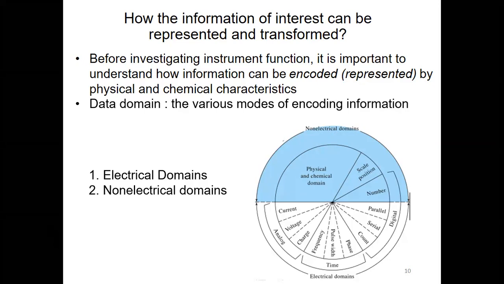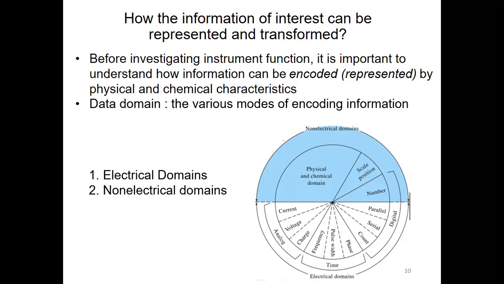Then that physical characteristic, which is fluorescence, we convert to current and voltage using a photo transducer.